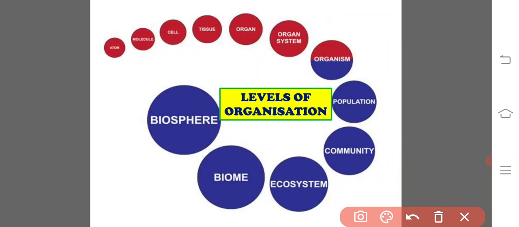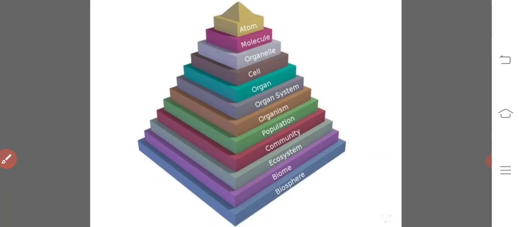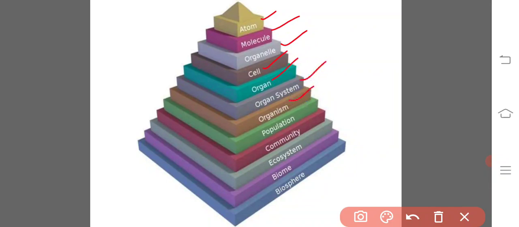There are different levels within the biosphere, within the ecosystem or ecology. Here also see there is a hierarchy: atom, molecule, organelle, cell, organ, organ system, organism, population, community, ecosystem, biome, and the biosphere.